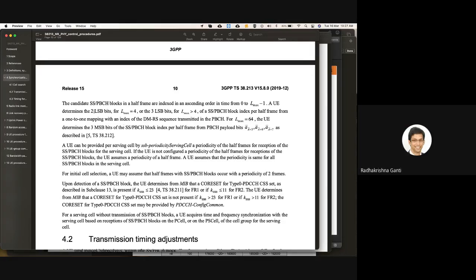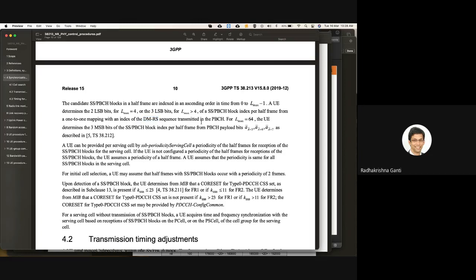This is the thing that you should read, whatever I highlighted. The candidate SS blocks in a half frame are indexed in ascending order from 0 to L max minus 1. A UE determines the 2 least significant bits for L max equal to 4, or 3 least significant bits for L max greater than 4, from a one-to-one mapping using the DMRS sequence that is transmitted.